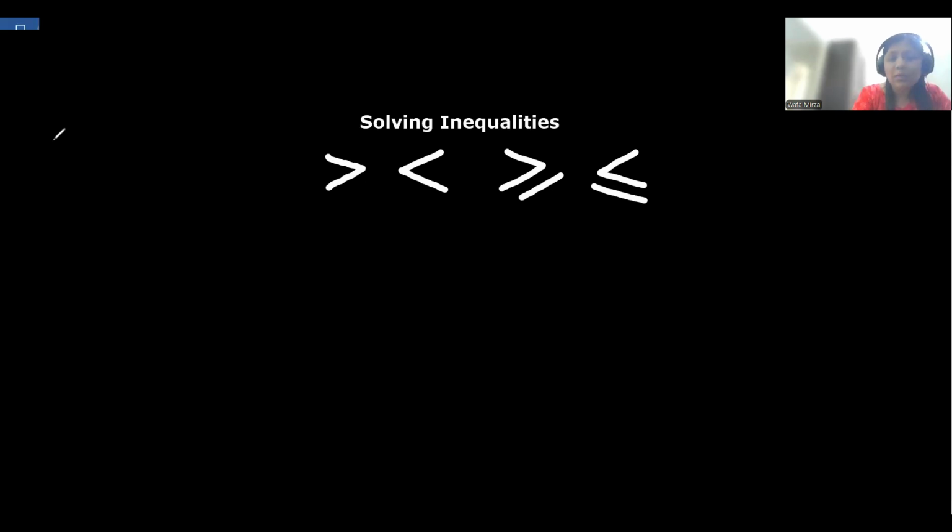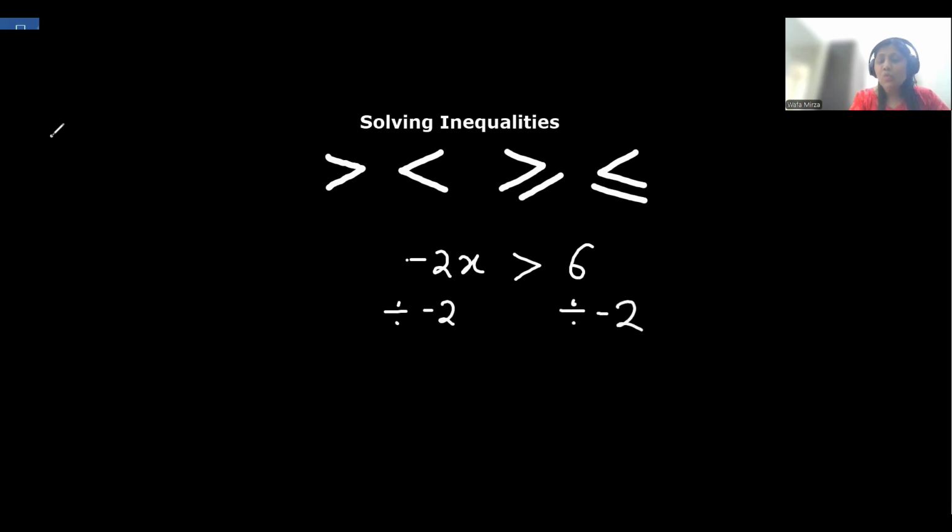Suppose you are given one inequality: minus 2x is greater than 6. Now to solve this inequality, on both sides you will divide by a negative number. So in any inequality, when you are dividing or multiplying with a negative number, you have to flip over the inequality.